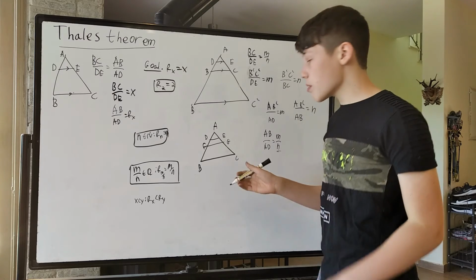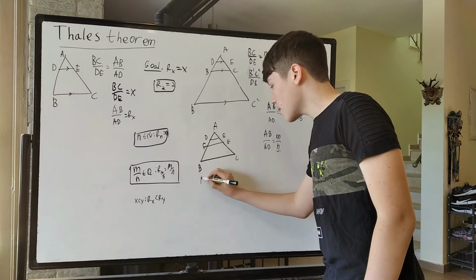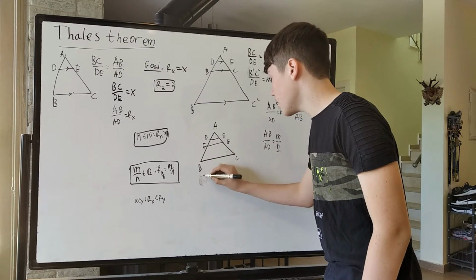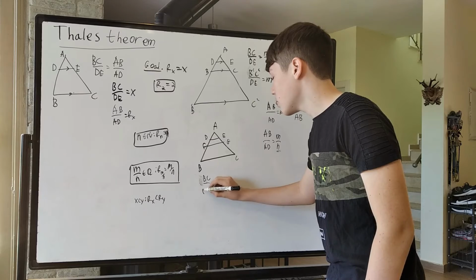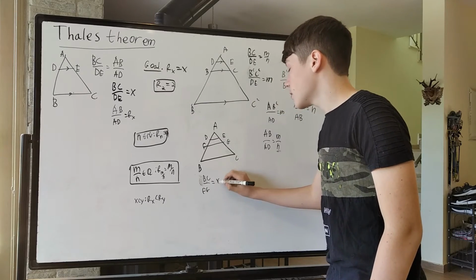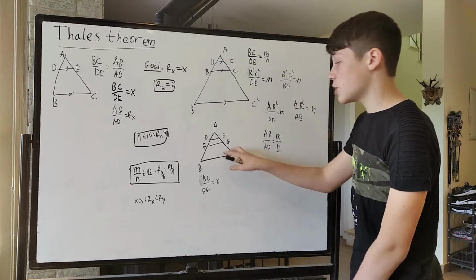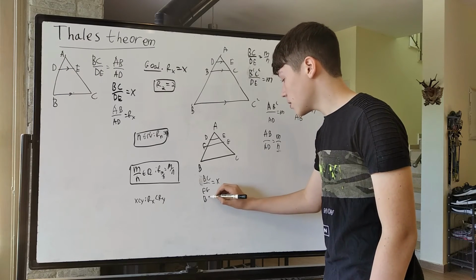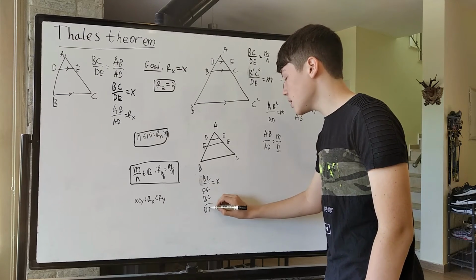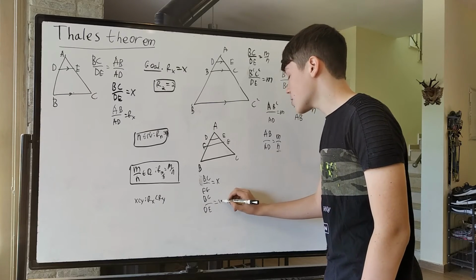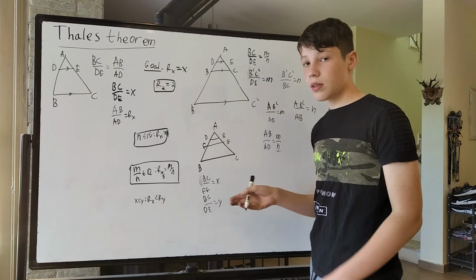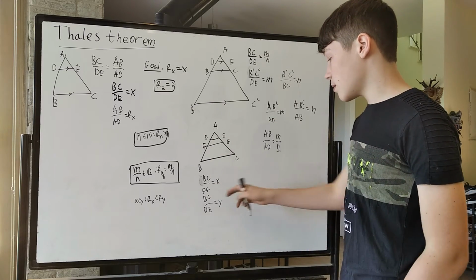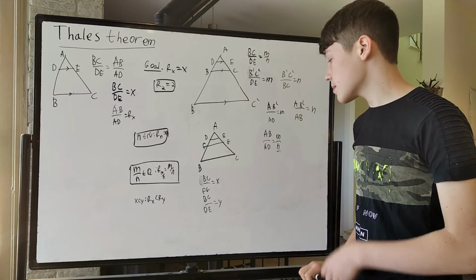Now x is smaller than y, so we know BC over FG is x, because FG is longer than DE, and BC over DE is y. DE is shorter, DE is smaller than FG, so 1 over it, y is bigger than x.